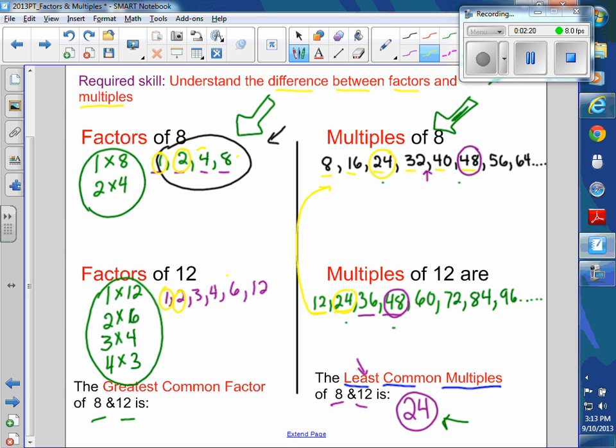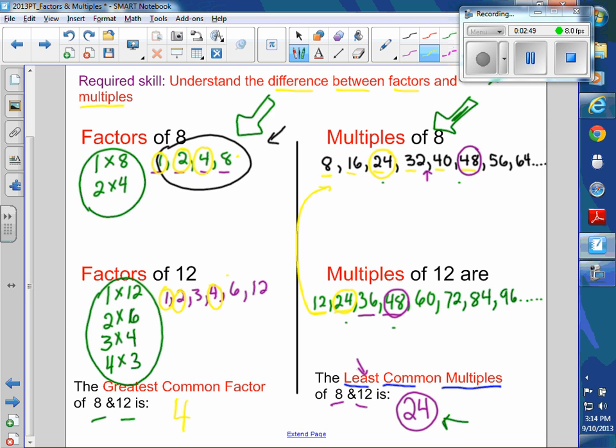Good. Kaden, are there any more? Is there another common factor? So of the 3 numbers that are common to both, what's the biggest, Kaden? 4. So we call that the greatest common factor.